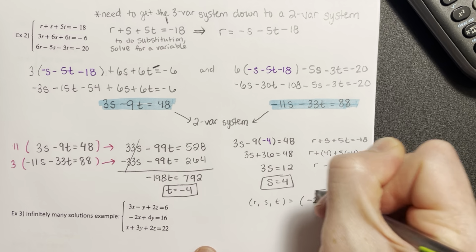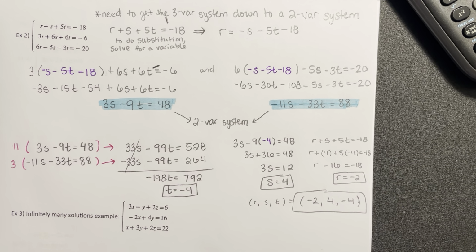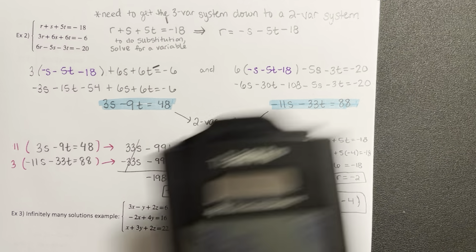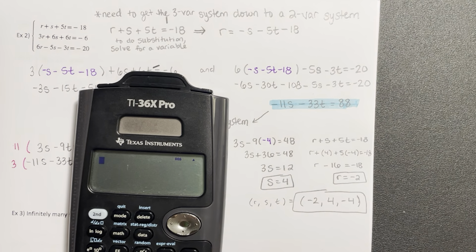And there's our solution. Our solution should satisfy all three equations, so you could plug that back into the system to make sure that that's correct. R is negative 2 plus s, which was 4, plus 5t, which would be 5 times negative 4, and that does equal negative 18, so we know it satisfies the first one. 3 times r, which is negative 2, plus 6 times s, positive 4, plus 6 times t, negative 4, should equal negative 6.